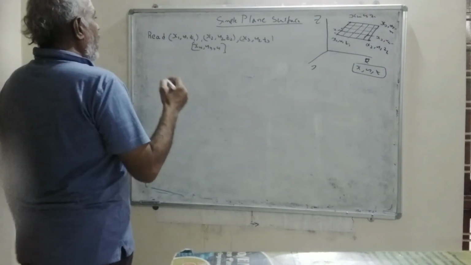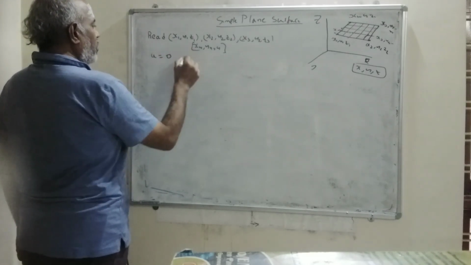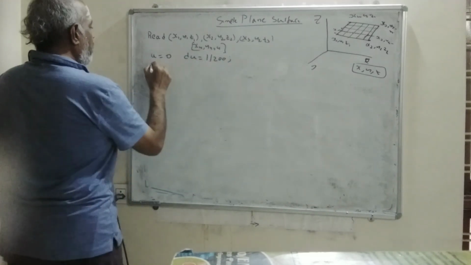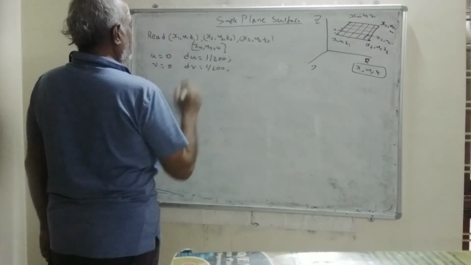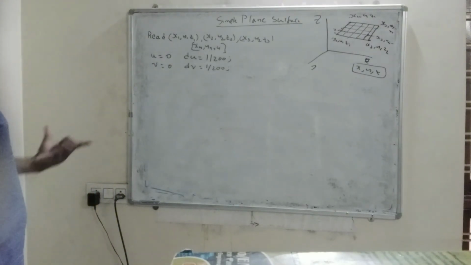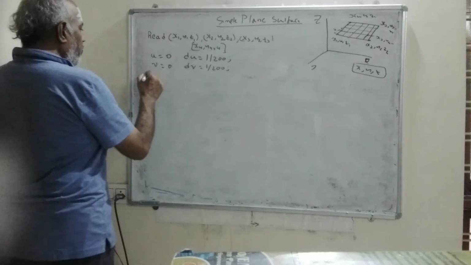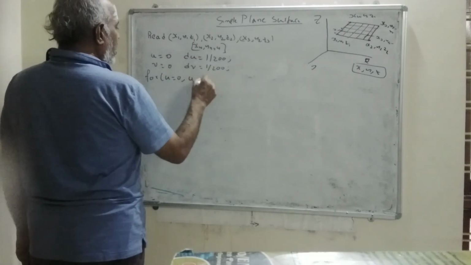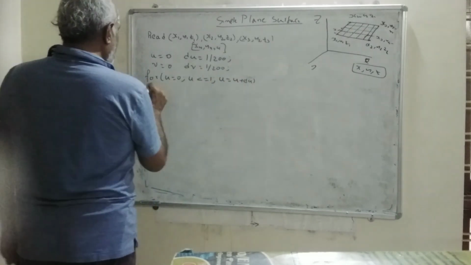Now u is equal to 0, du is equal to 1 by 200, v is equal to 0, dv is equal to 1 by 200. This program or algorithm can be written in 2 loops. For example, for u equal to 0, u less than or equal to 1, u equal to u plus du. This is one for loop.